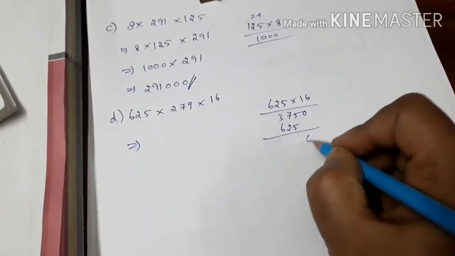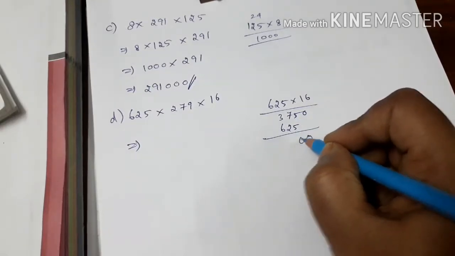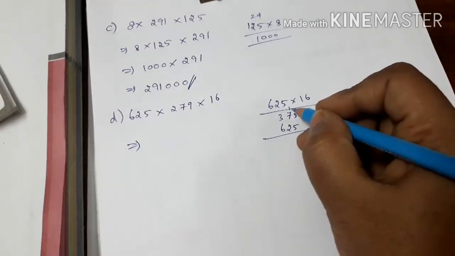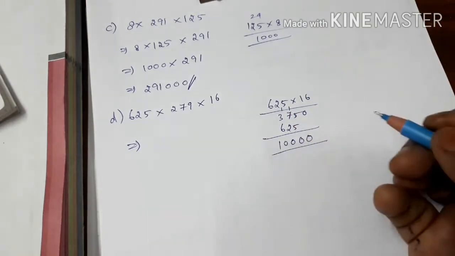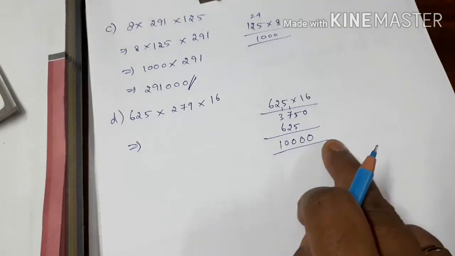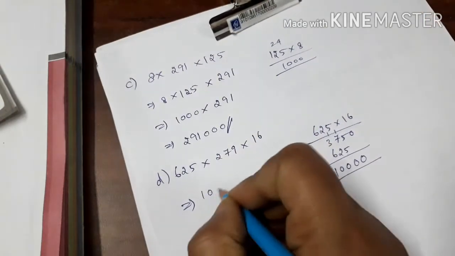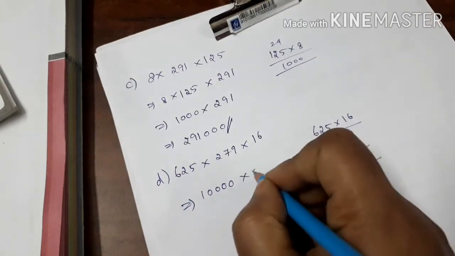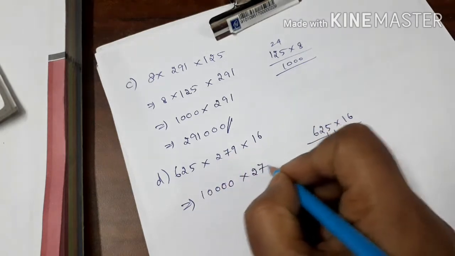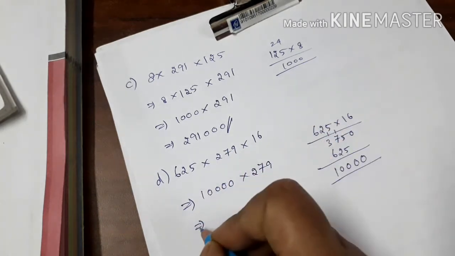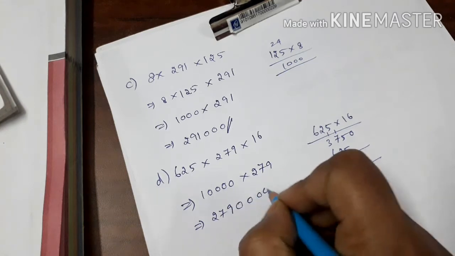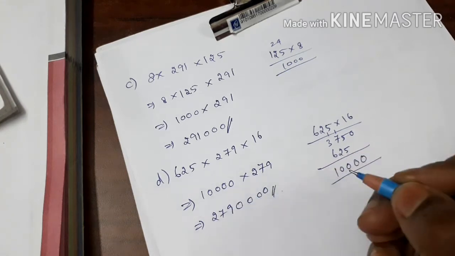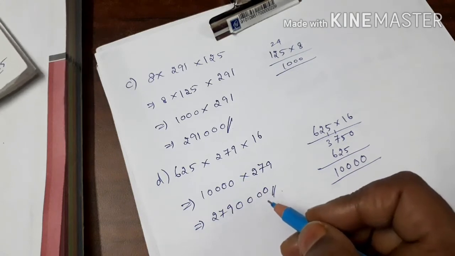Adding 0, 5 plus 5, 10, 0, remaining 1; 7 plus 0, remaining 1, 10. Here 10,000 into 279. We will get the answer 2790000.